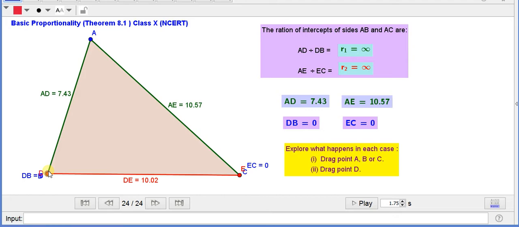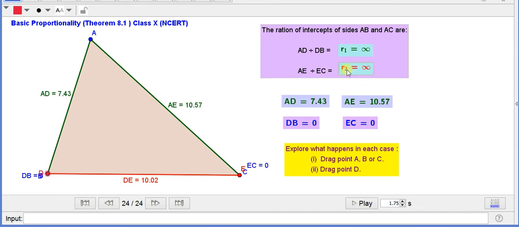DB is 0 here and EC is also 0. So 7.43 divided by 0 is not defined, or infinite. We can say AE, 10.57, divided by EC, which is 0, is also not defined, or we call it infinite, R2.